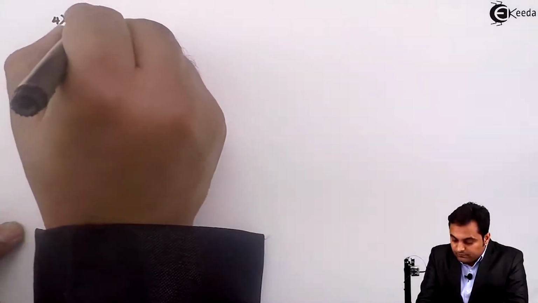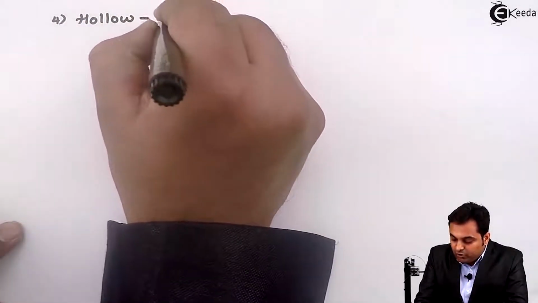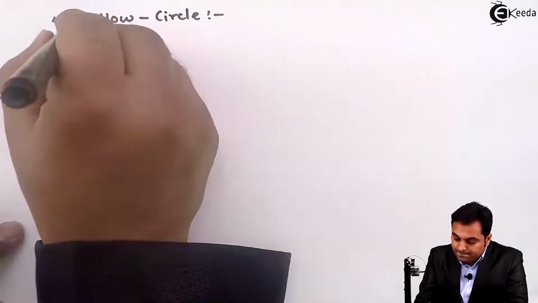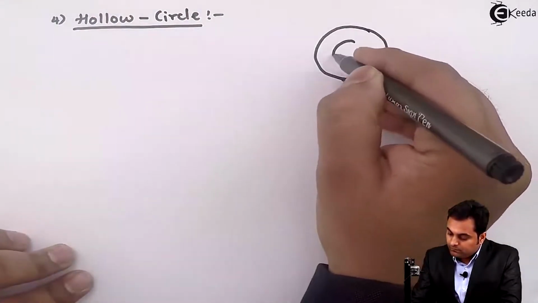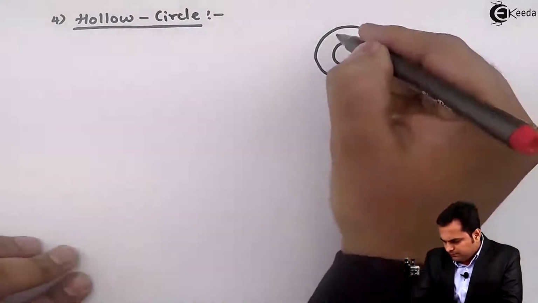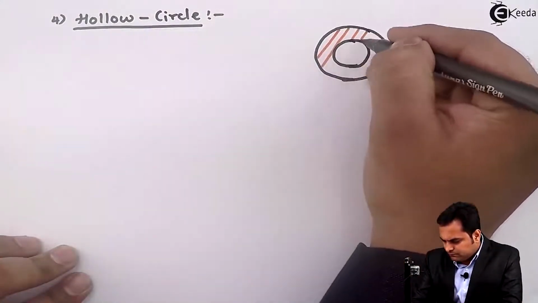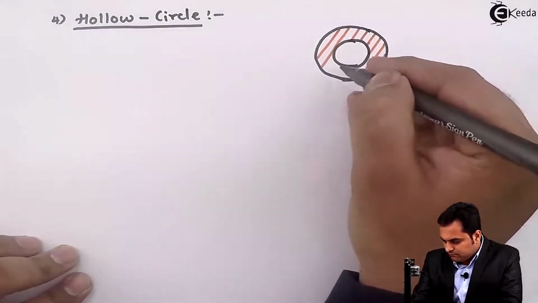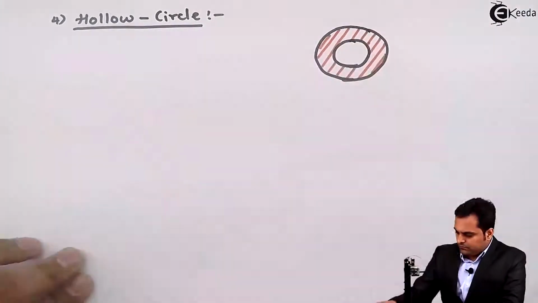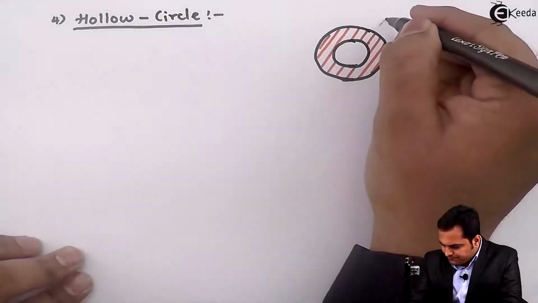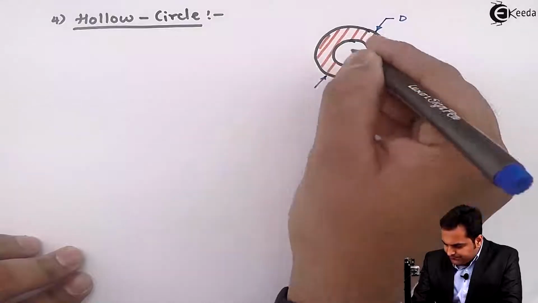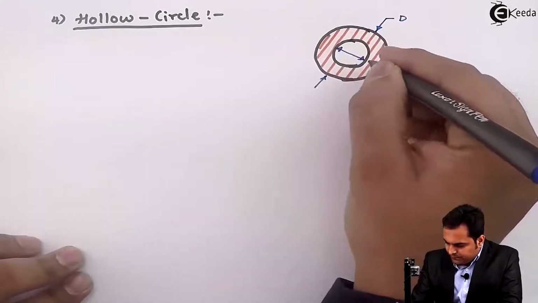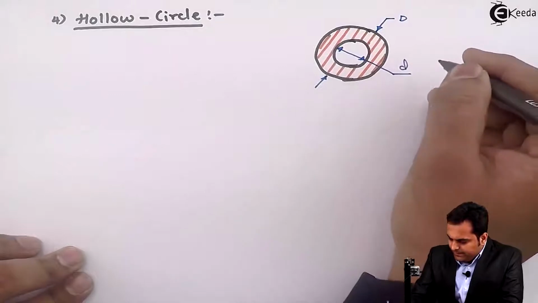Then, if we have a hollow circle, for a hollow circle the outer diameter is capital D, inner diameter is small d.